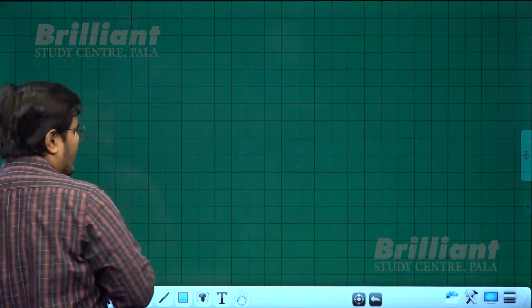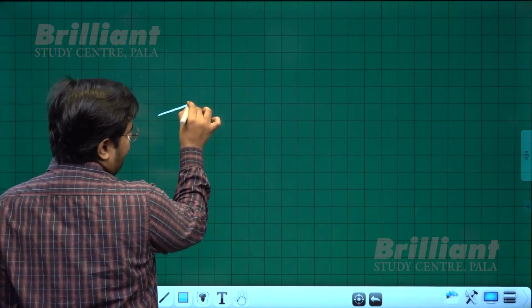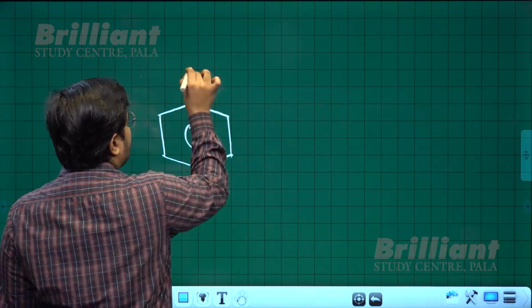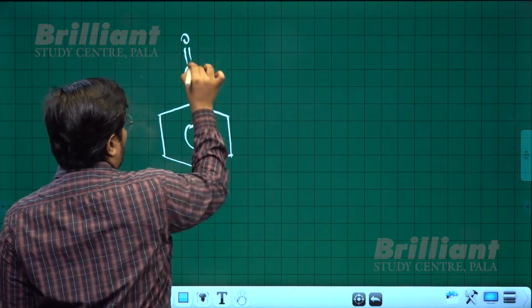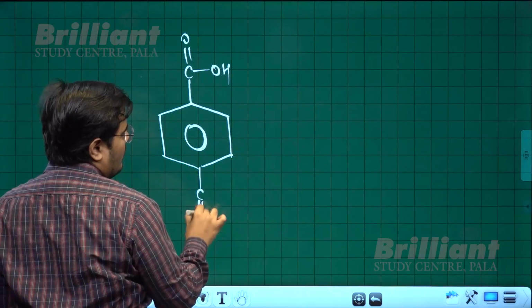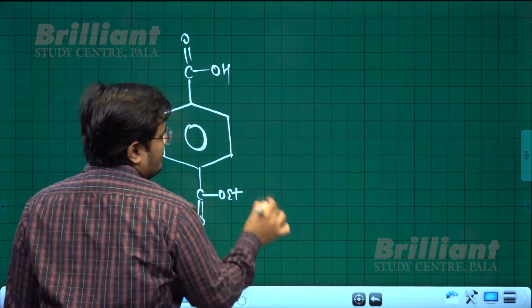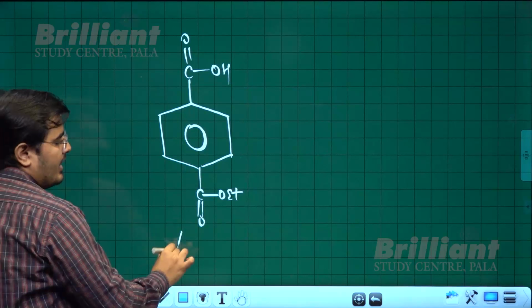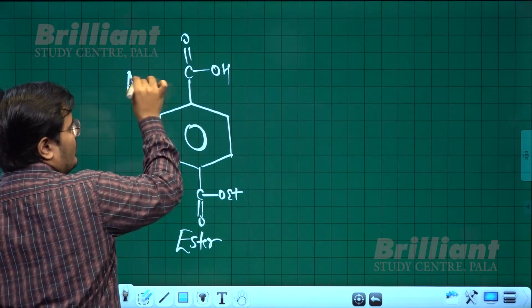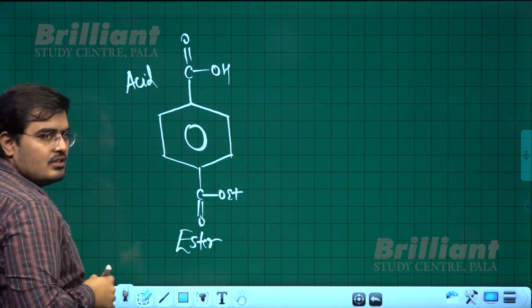For example, let's say I had a substrate, let's say this is C double bond O OH and this is C double bond O ET. So in this substrate, I am having one ester functionality and one acid functionality.